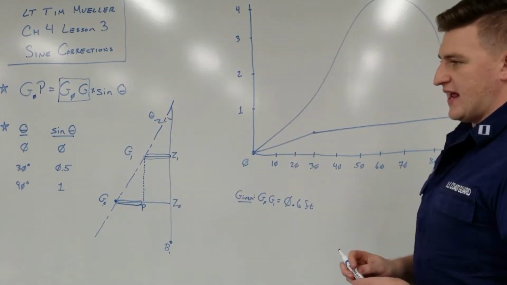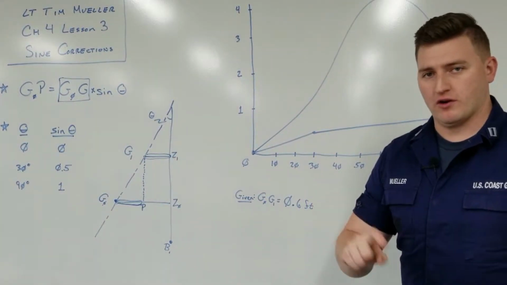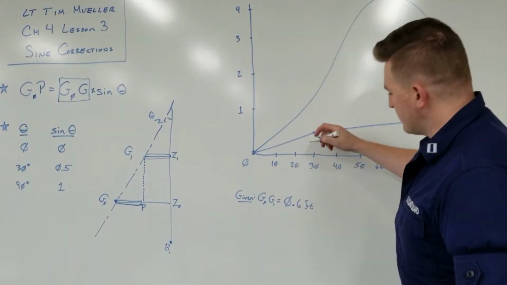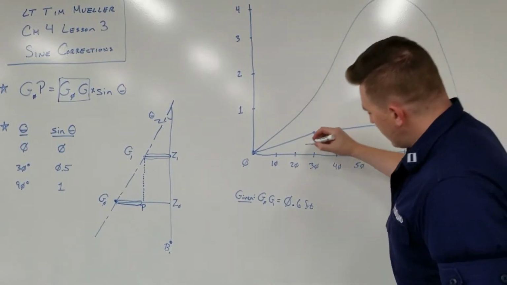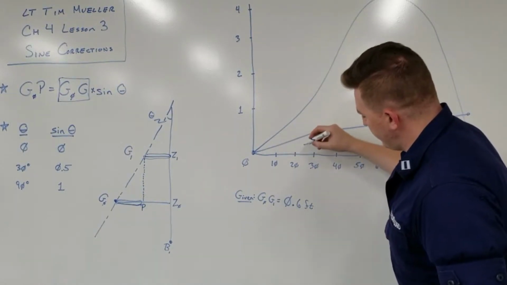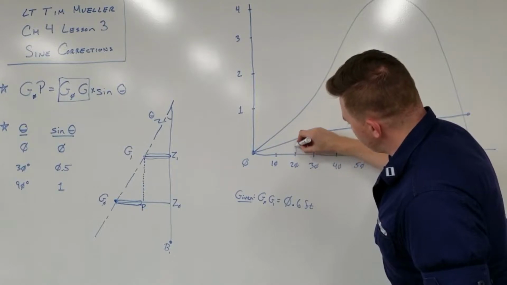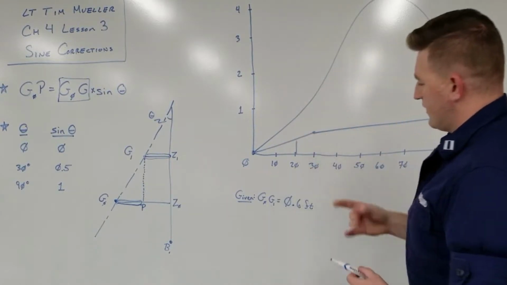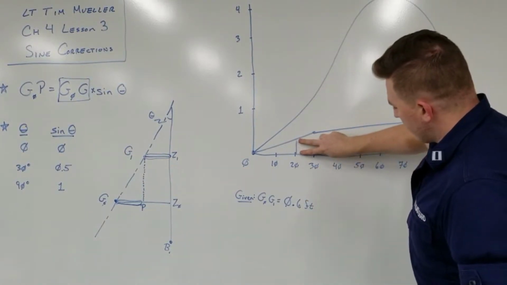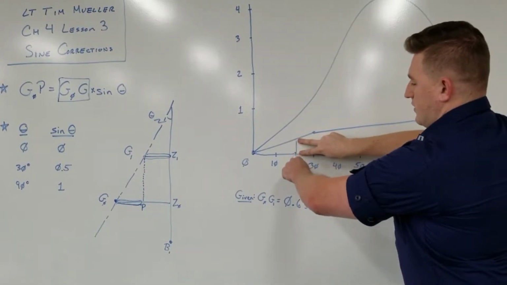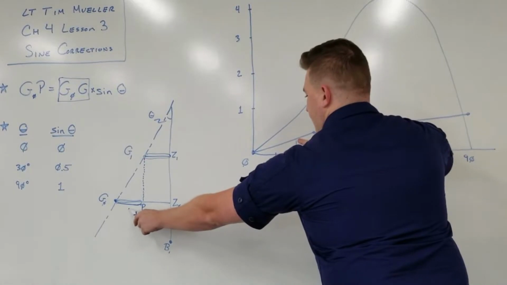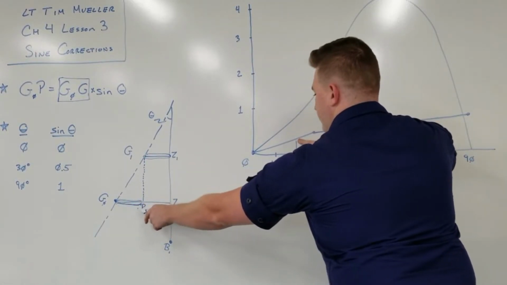So basically you would take something like dividers or maybe a ruler, any way that you can measure a distance on this graph. And I would say at 10 or maybe even 20, you would measure this distance here. If you take dividers, you go right here, and you know that that value that you're measuring is this right here, this GoP.